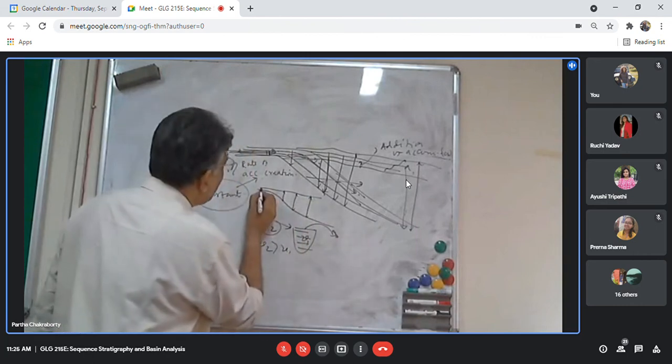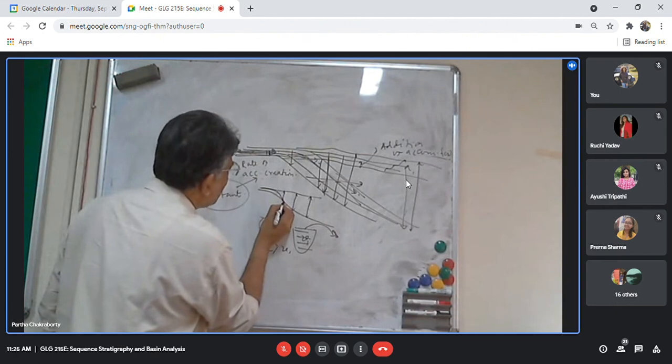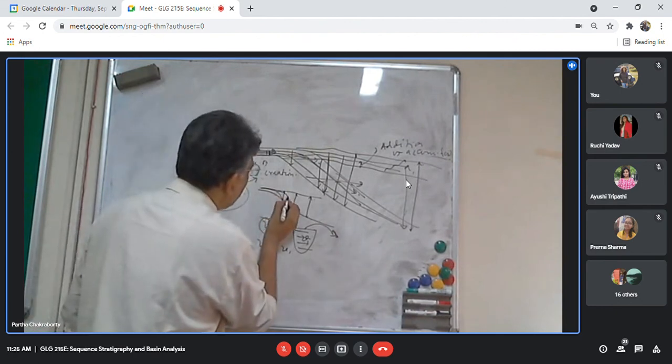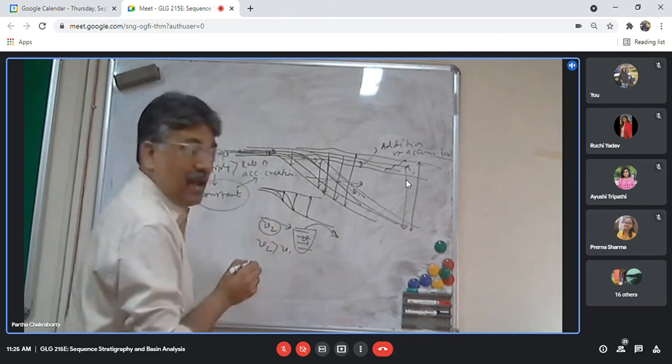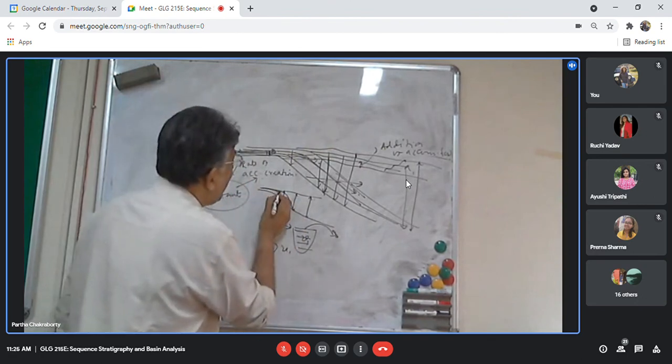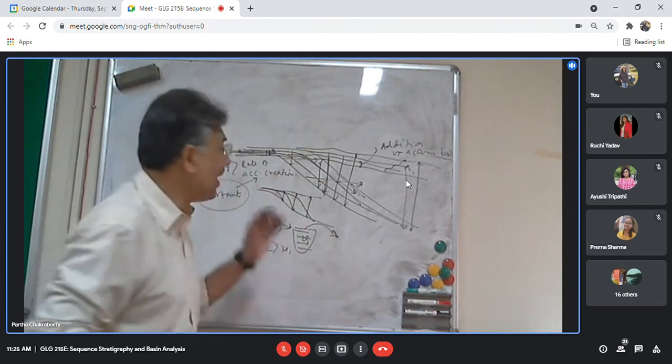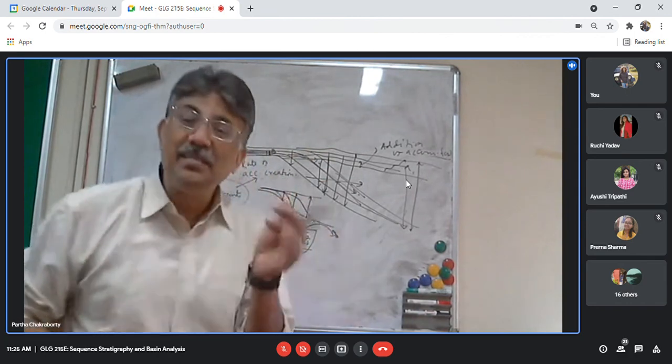Initially the spilled sediment was sufficient to fill it. Then the spilled sediment is still sufficient to fill it. But after that, the sediment may not be sufficient to fill it because you are going to higher bathymetry as well.